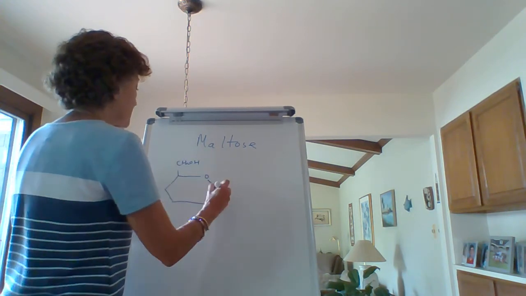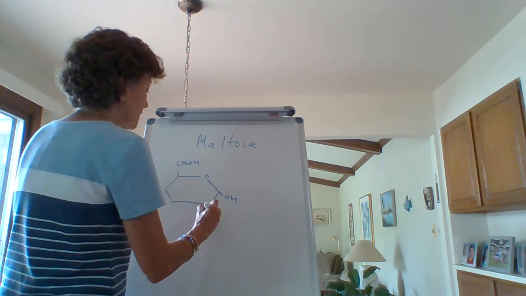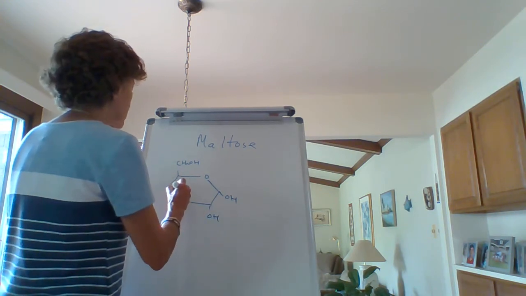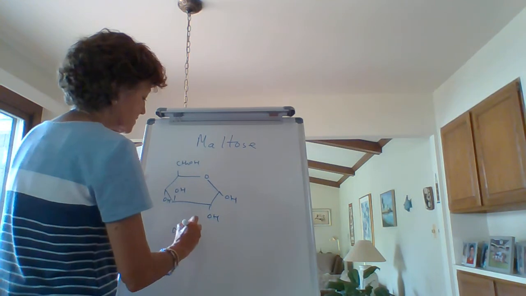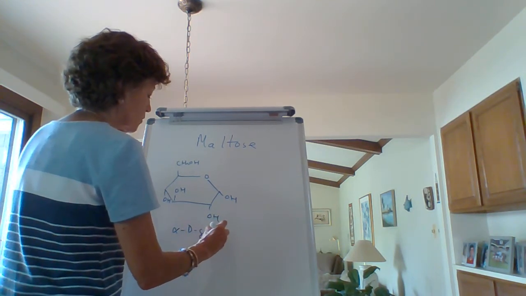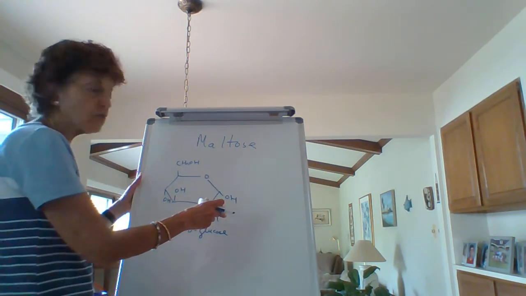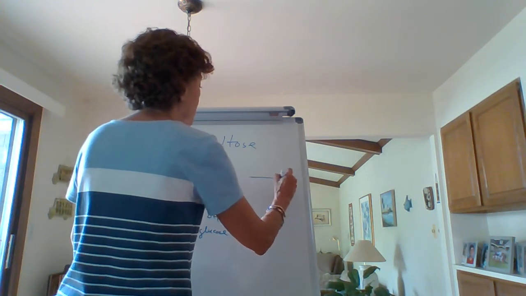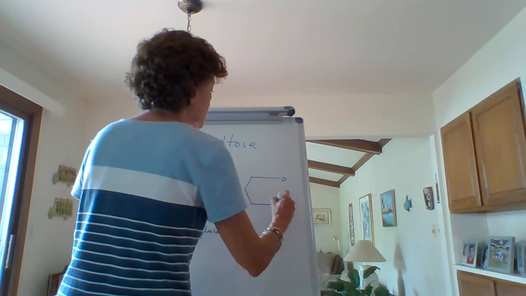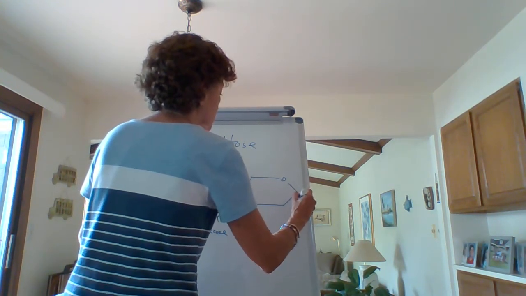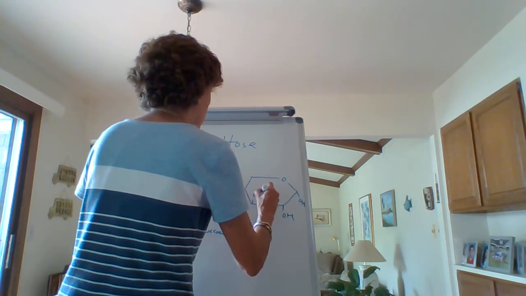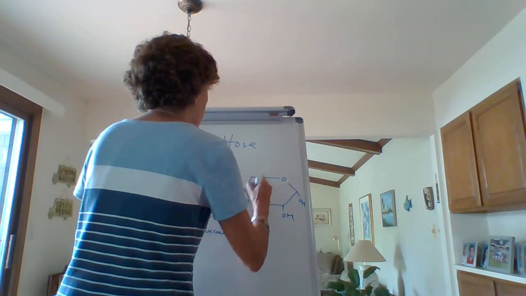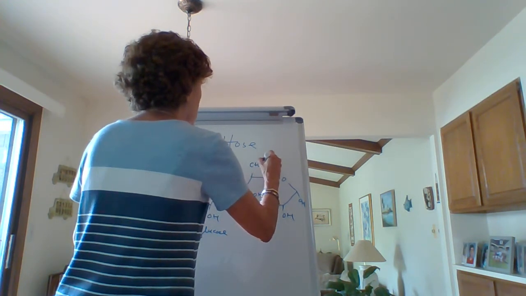Here is alpha D glucose. Why is it alpha? Carbon number 1, OH is pointing down. And then here's another alpha D glucose. Okay, carbon 6 is outside the ring.